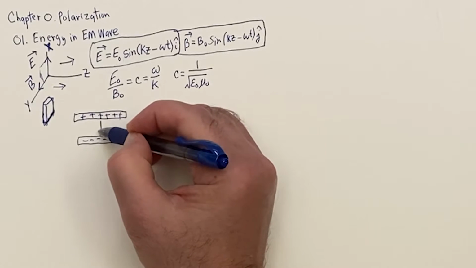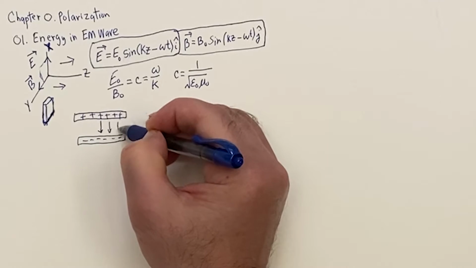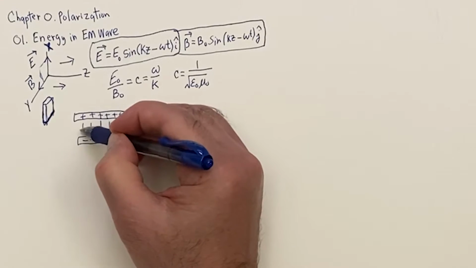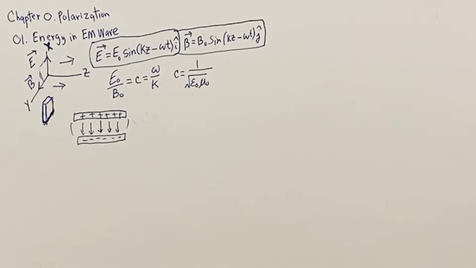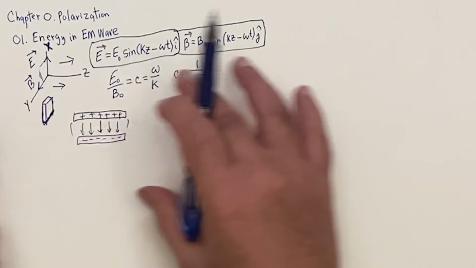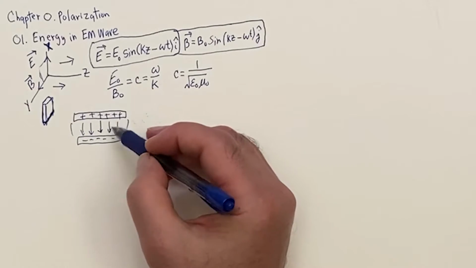In this case, like this. Now you're going to have weird stuff at the ends, so we will assume the plate is big, or we'll neglect that in our model.